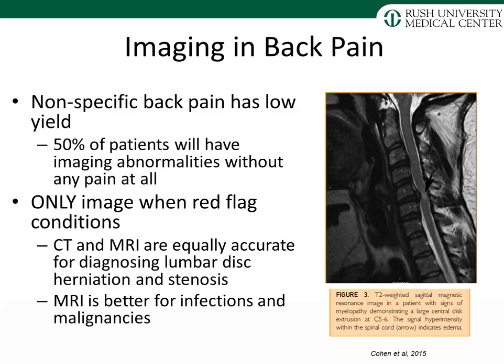And here is a picture. It's a T2 weighted MRI scan shown sagittally of a patient who has symptoms that localize to the cervical spine. What you can see, denoted by the arrow, is a large central disc herniation at C5-6. You can see the spinal cord is indented there, and the spinal cord has a hyperintensity within it.